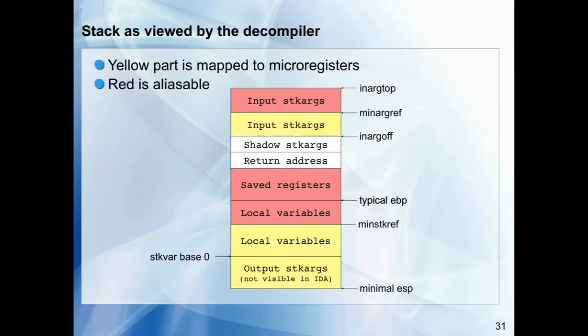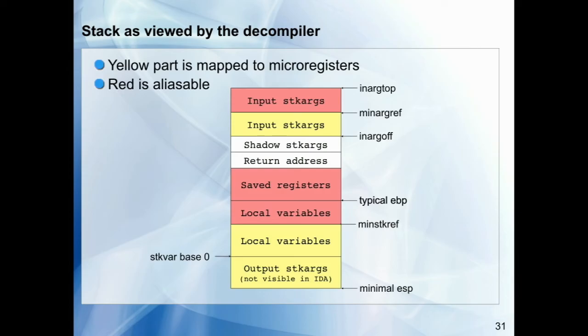Just to explain in more detail where the problem is. This slide shows the typical stack frame of a function. The red areas are the ones that can be modified indirectly, and therefore we cannot really reason about them. We should not consider them the same thing as virtual registers, as microregisters.